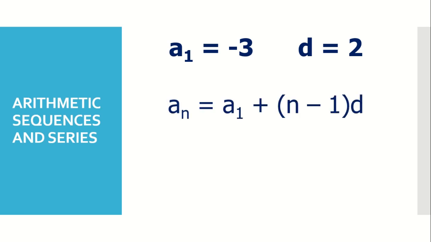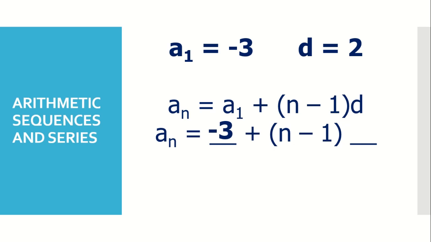Knowing the formula, a sub n is equal to a sub 1 plus the quantity of n minus 1 times d, we substitute the values. Our a sub 1 again is negative 3 and our d is equal to 2.